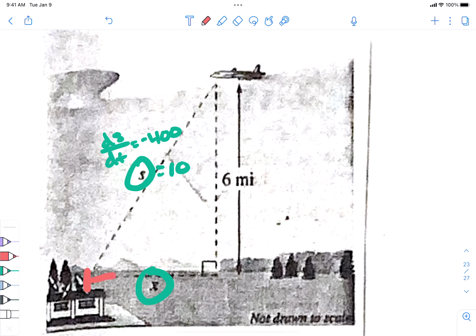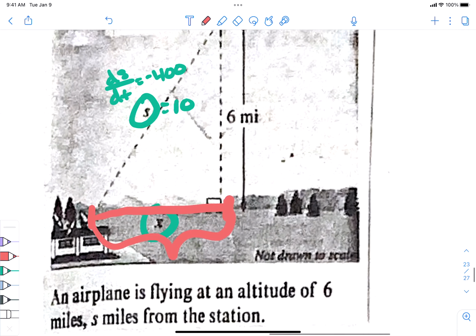X is the distance that we are away from where it is now, right? X is that distance. And if we're talking about the speed of the plane, that would be, in a sense, the rate at which this is changing, right? The rate of change of X. Don't think about slope, okay?